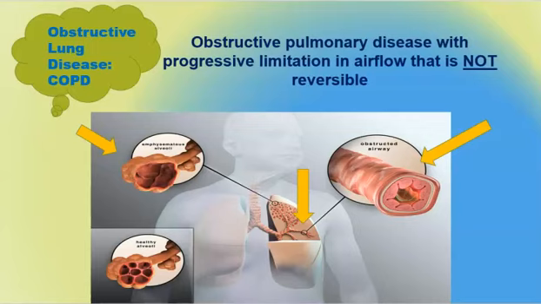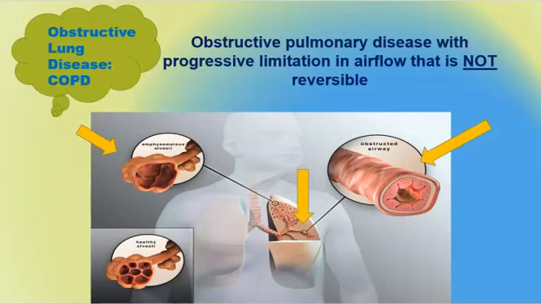This results in an abnormally high volume of air being left in the lungs, which is referred to as increased residual volume. This leads to trapped air and lung hyperinflation. So think of all this air just being trapped in a small area of your lungs and it can't be let out. That's really what we're talking about.